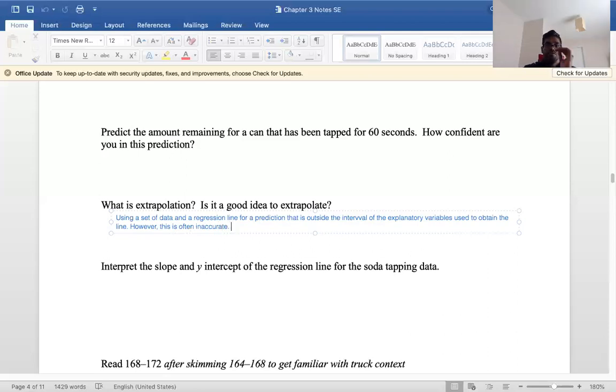The thing with extrapolation, and you probably saw this in 60 seconds, is that at some point it becomes just unreasonable to predict that far ahead because we're going to have limitations on our graph, limitations on our data. So make sure you know that.